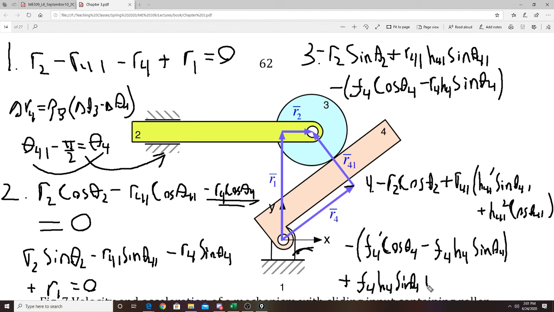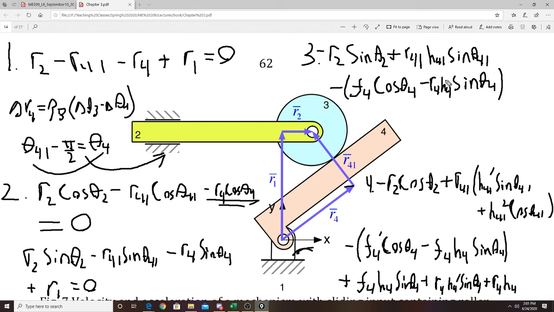and then you do plus. The next one would be R4 the same, H4 prime sine theta 4, and then also you would do the last one, which would be R4 H4, right?